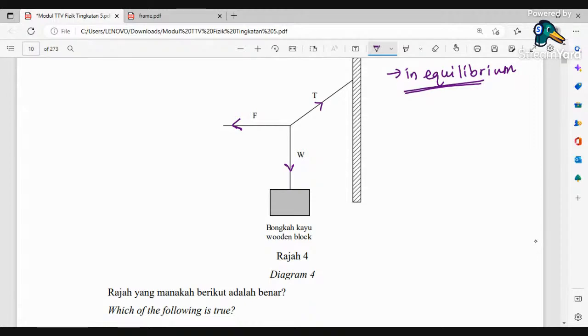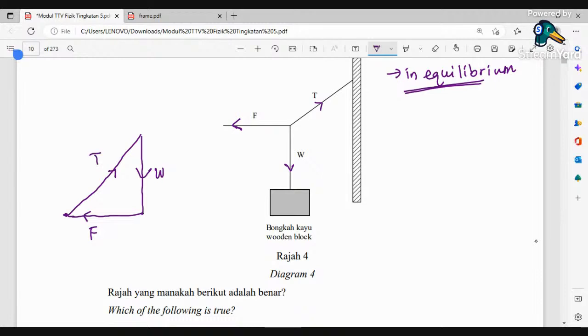Let's say I draw the one which is vertical, W. So we just sketch, vertical one, W. At the end of the first force, continue to draw the horizontal one, just following the direction of F. And then at the end of the second force, draw the third one, T, and then close the triangle.